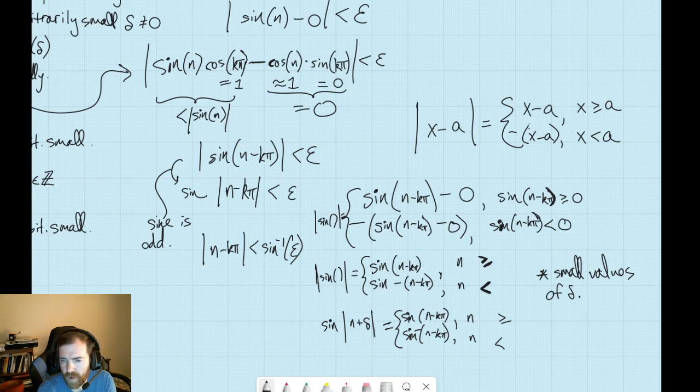So if we were doing this as n minus k pi is going to be greater than or equal to some, hell, j pi. So we were essentially saying, like, we can take the inverse sine of both sides here. The inverse sine of 0 is going to end up being just some j pi, some integer.